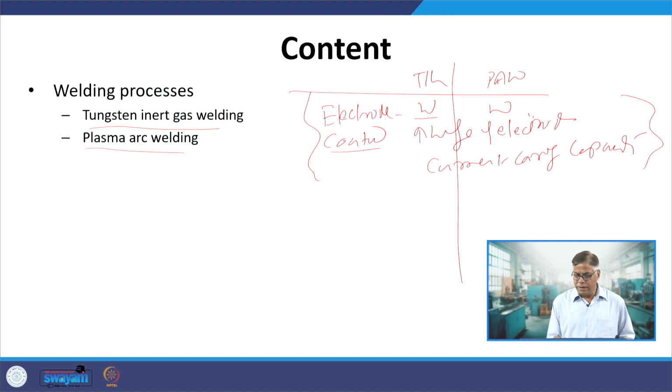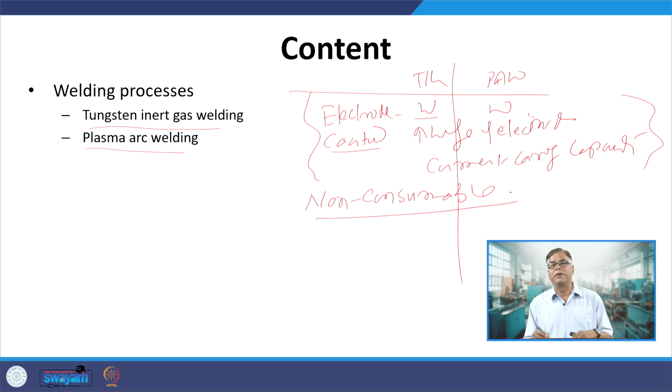In these processes, since our electrode is of tungsten, it is not consumed. Both processes use a non consumable electrode. But if we have to use filler metal for any reason, say adjusting the weld metal composition, or the thickness is too high and the edges have been prepared, then for filling the gap we need to use filler metal.